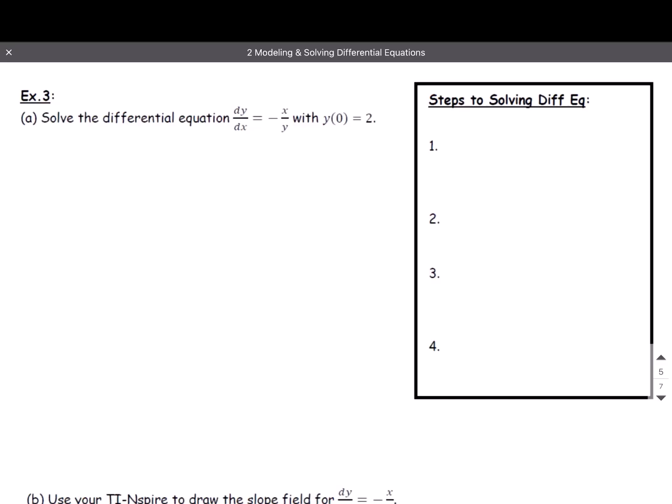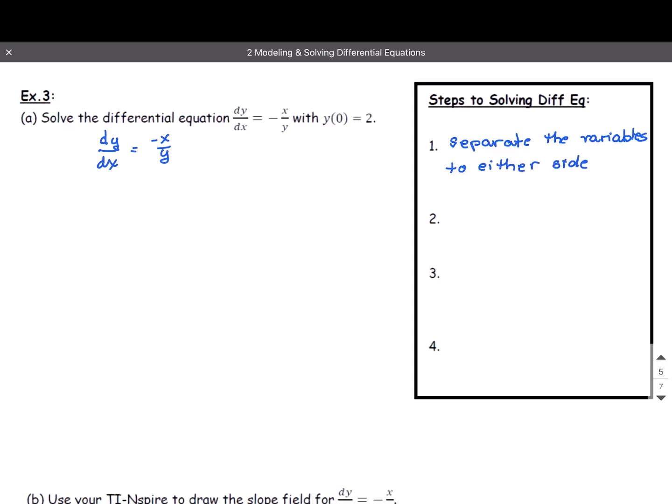So here we have the differential equation, dy dx equals negative x over y, and we have the initial condition that y of 0 equals 2. Okay, so I'm going to start by writing my differential equation, dy dx equals negative x over y. Now the first step is to separate the variables to either side of the equal sign.